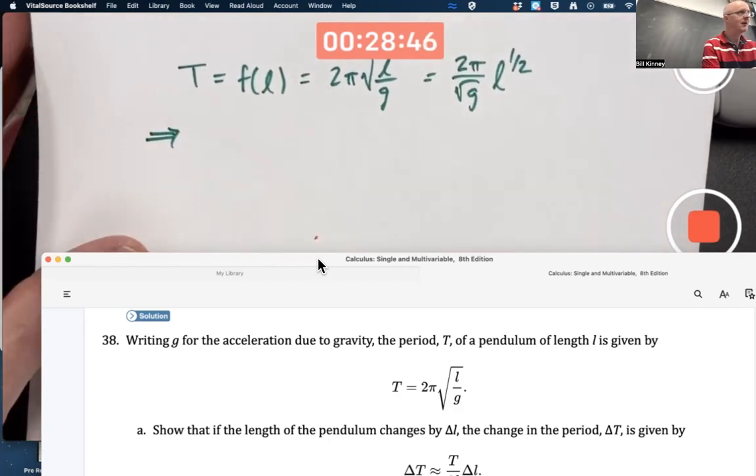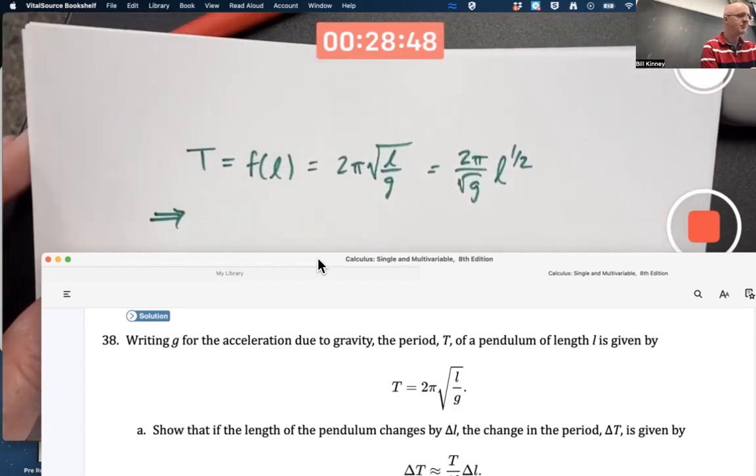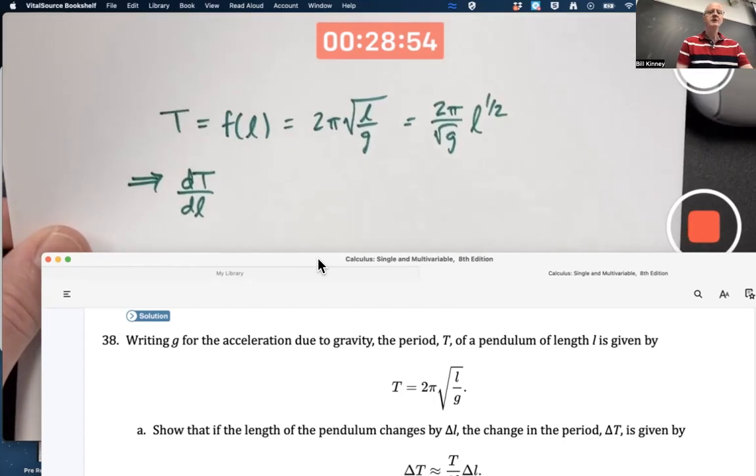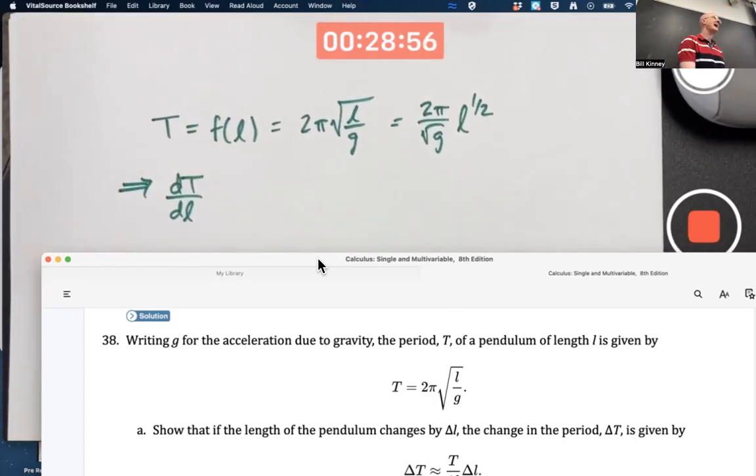And for extra emphasis, I will also use both Leibniz notation and prime notation. The derivative can be written as dT dL. When you use Leibniz notation like that, as Leibniz did, that sort of emphasizes the derivative as a rate of change. How fast is T changing as L changes? It's a little funny because for a fixed pendulum, L doesn't change.